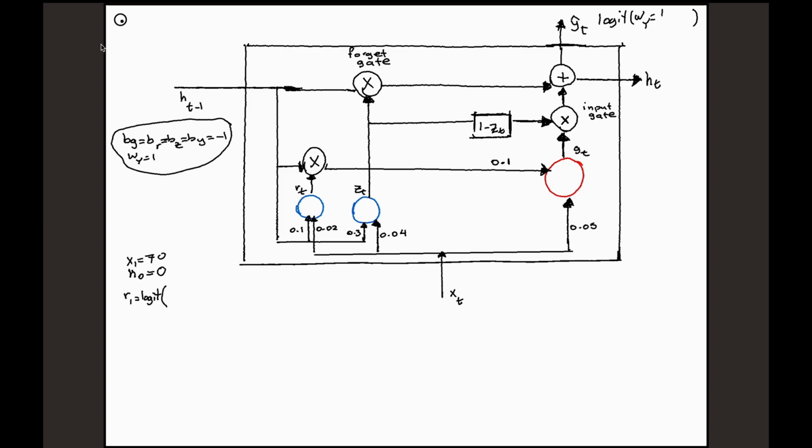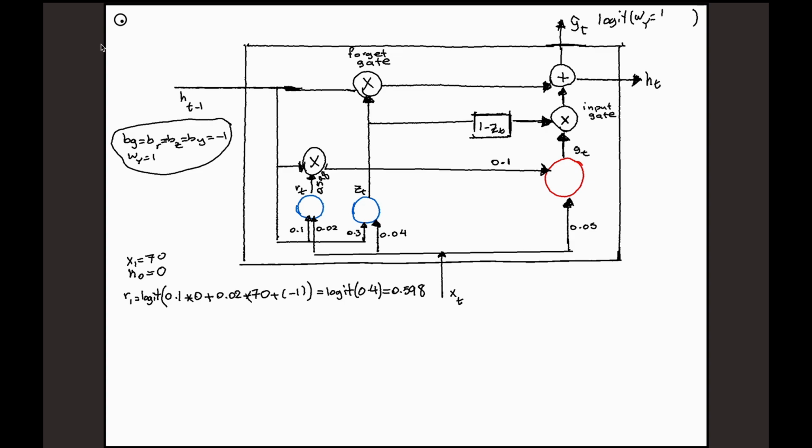So that would be logit of 0.1 times whatever H was, which was 0, plus 0.02 times whatever X was, which was 70, plus its bias, which is -1. So that will be logit of 1.4, which is 0.598.